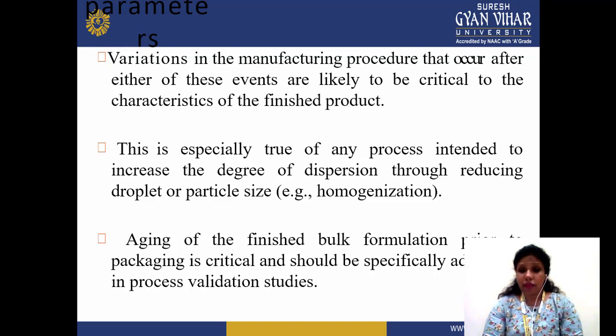This is especially true of any process intended to increase the degree of dispersion by reducing droplet or particle size, that is, homogenization. So for any process, we need to study homogenization and focus on the homogenization of the product.